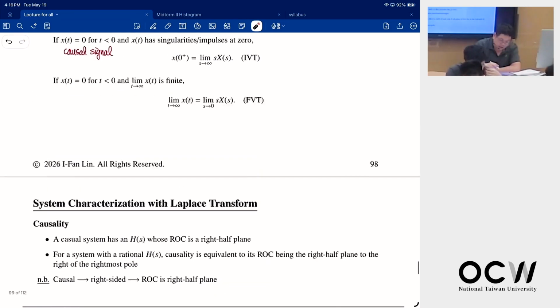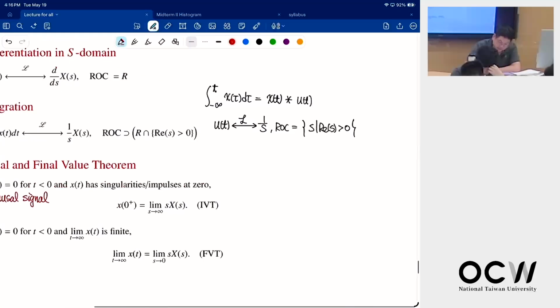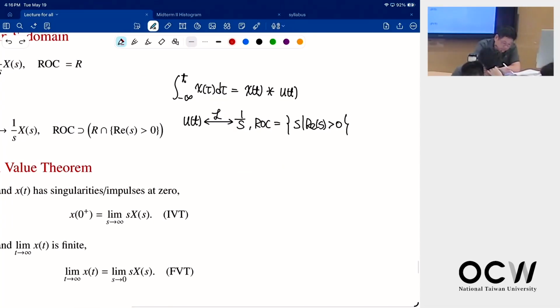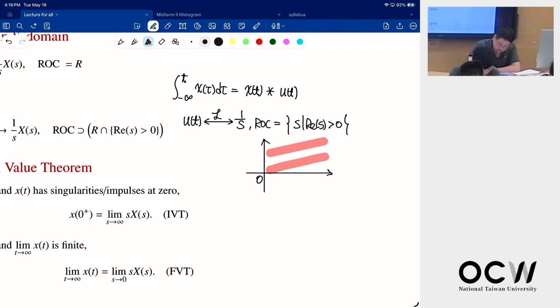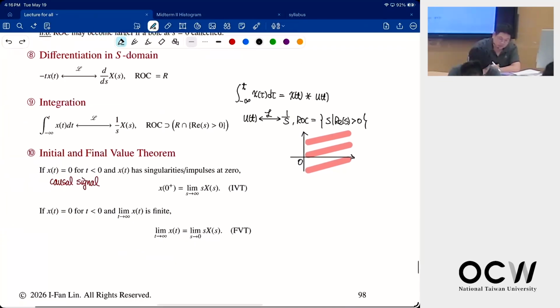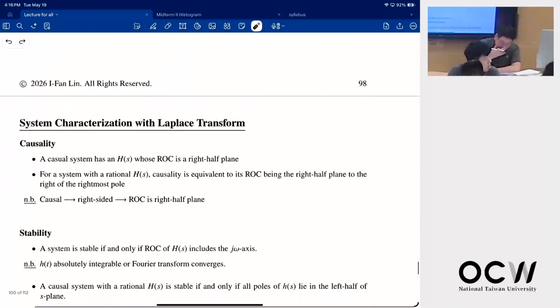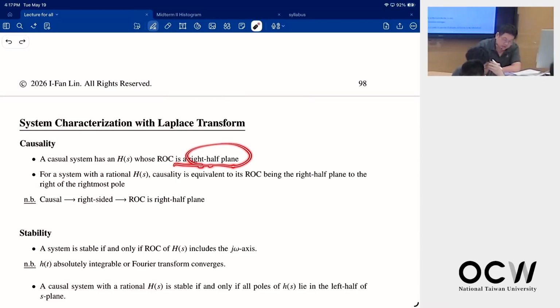Okay. We can also plot for the unit step function, the region of convergence is here, 0. And then, what does that mean, right half plane?